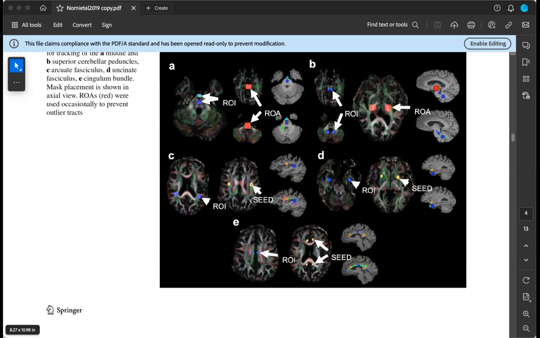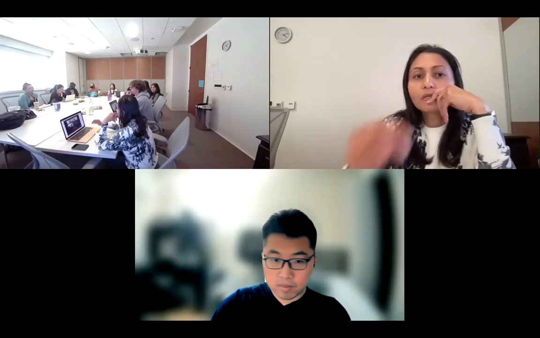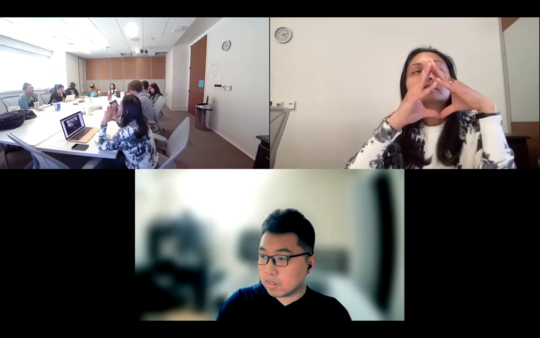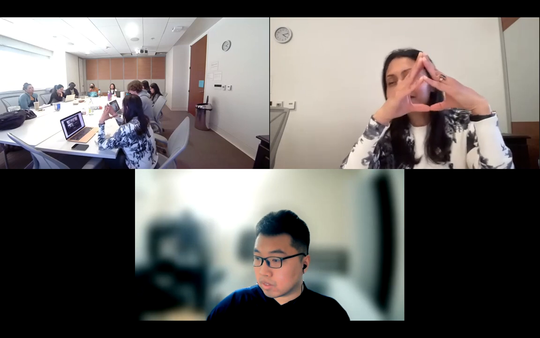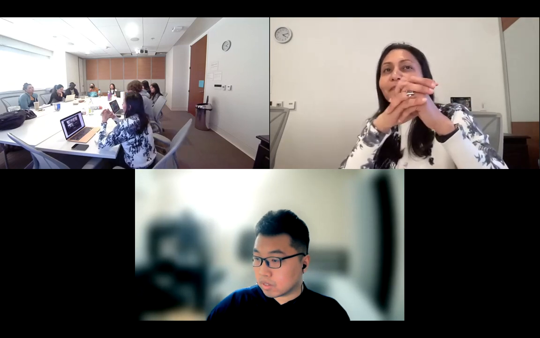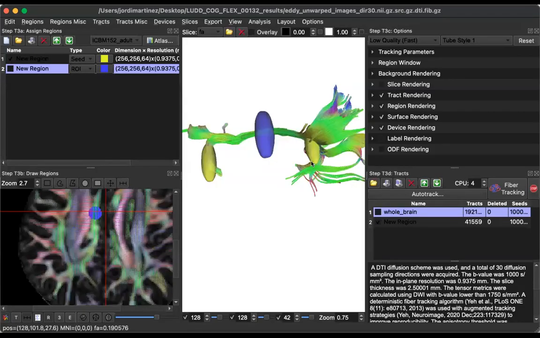Oh, we were chasing this article about that. There's a PNAS paper where they found this anterior commissure tract that went from the anterior commissure to the lateral cortex.